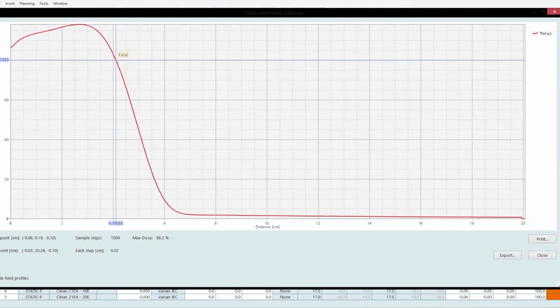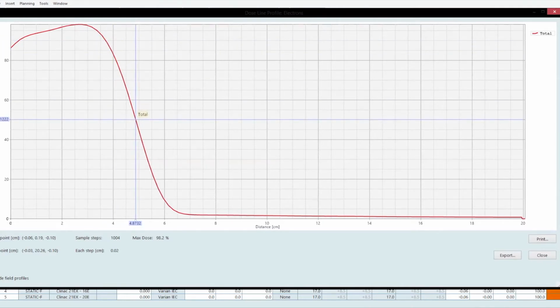If I prescribe at the 80% isodose line, I can treat something 4 centimeters deep. So my change from D90 to D80 is 10%, and my depth change is 3.7 to 4.1. So I'm able to go 5-ish millimeters in that 10% change. If you contrast that to 6E and remember how fast we fell off, it was only a couple of millimeters.